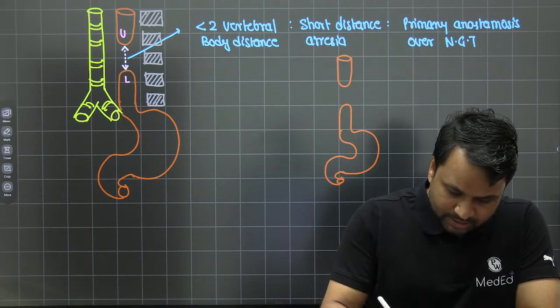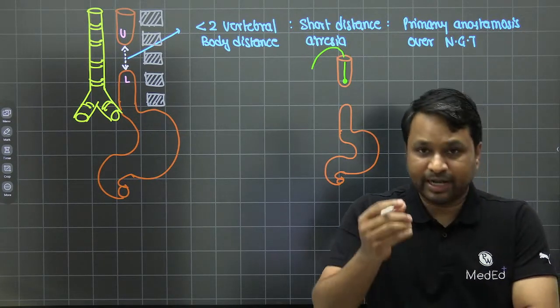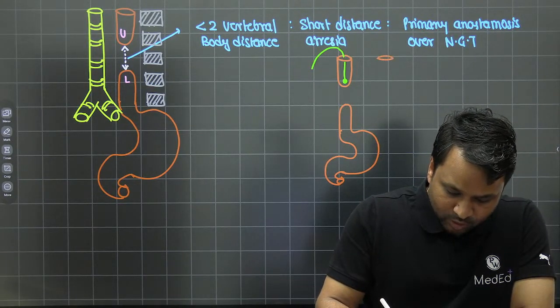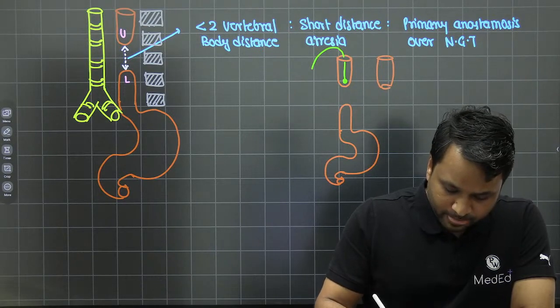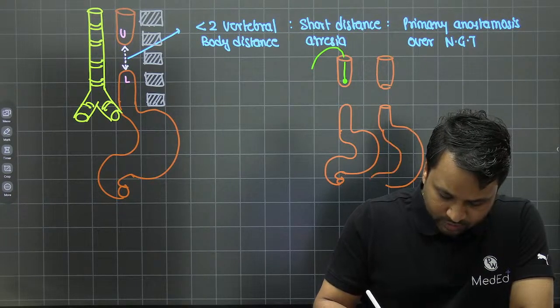I will pass a nasogastric tube and anchor it. Intraoperatively, I will feel that nasogastric tube and then open this end. I'll make a small incision here, and under vision, I will open this part of the esophageal lumen also.